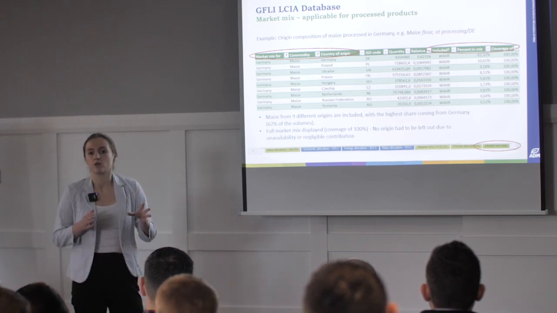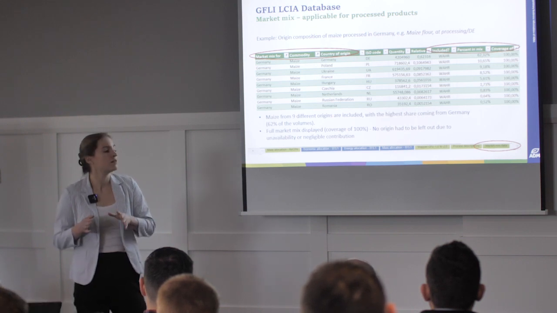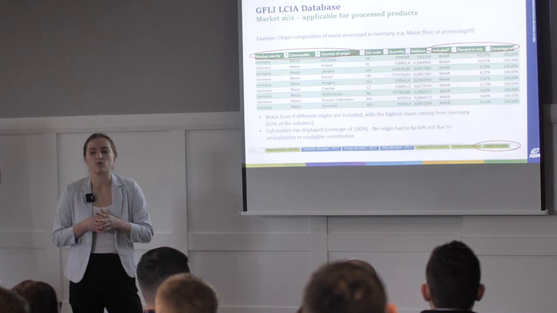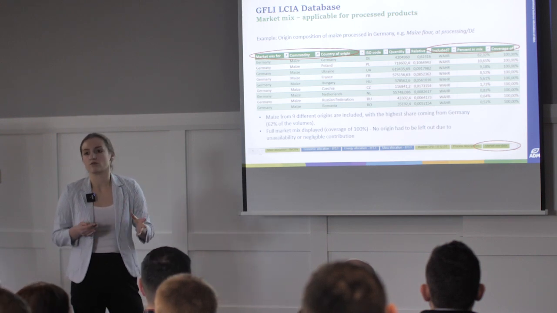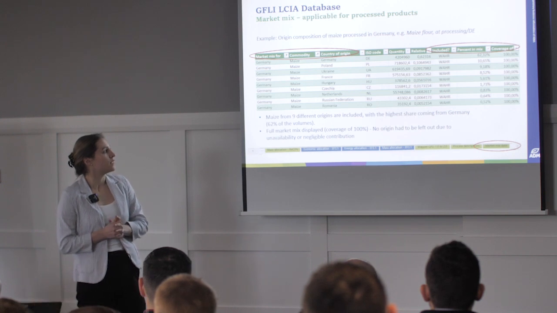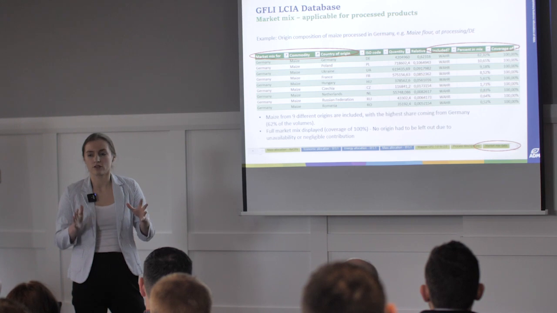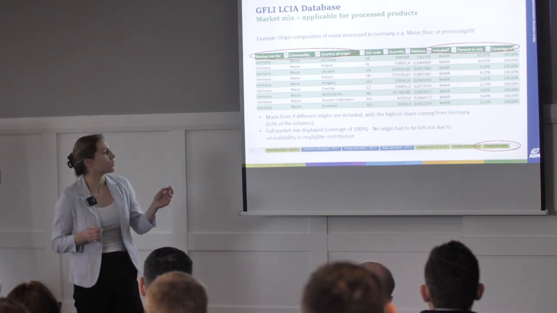So in this way, it's more transparent where the values are coming from, what is behind it. And you can also see if that would be representative for what you are trying to assess or not. And you can also see how much of the market mix is covered. So in this case, the coverage is 100%.